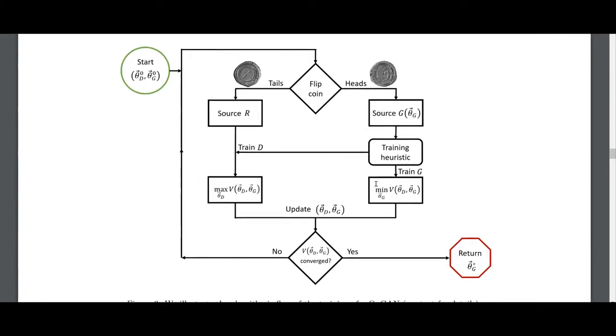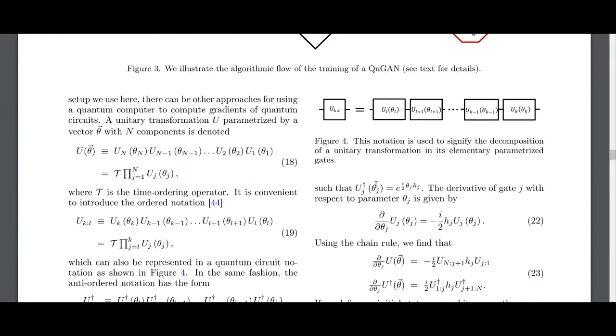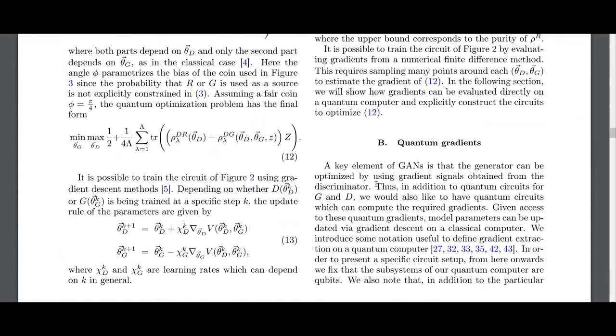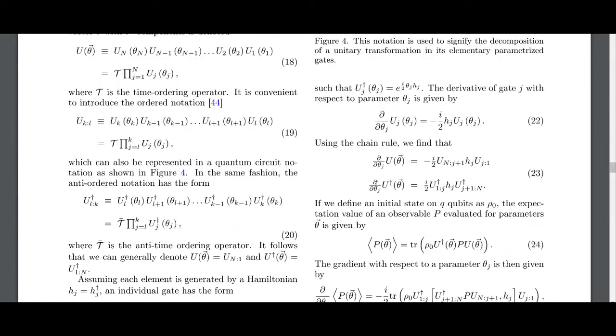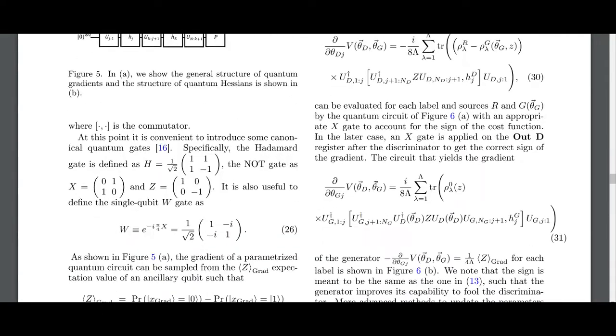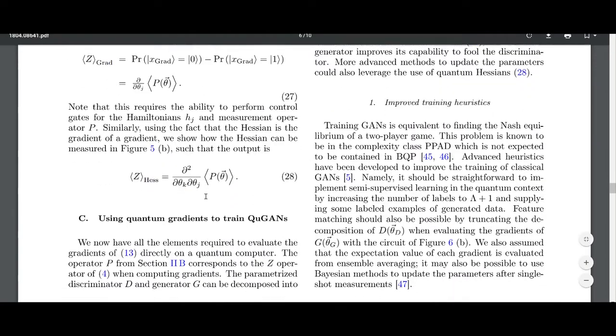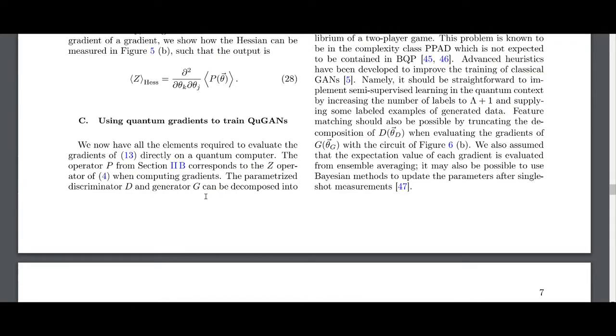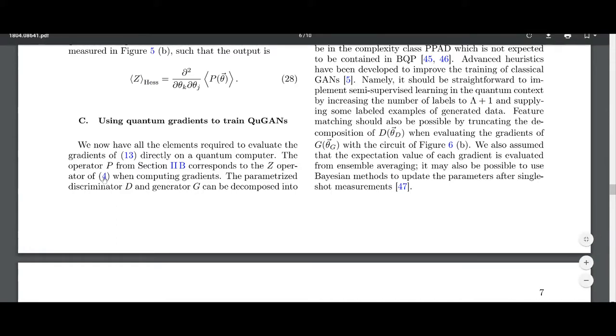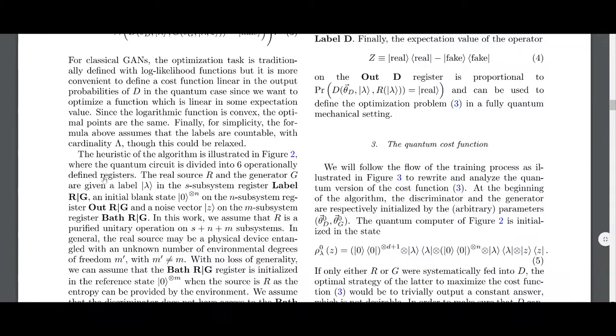The operator P. I don't know. But basically it says the operator P corresponds to the Z operator of 4 when computing gradients of 4.